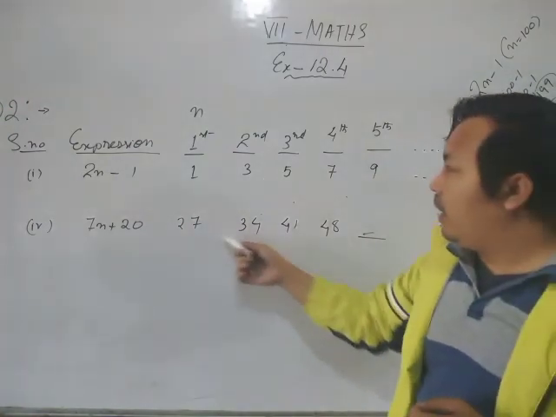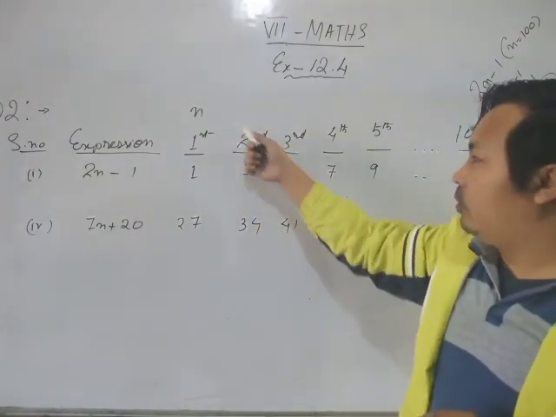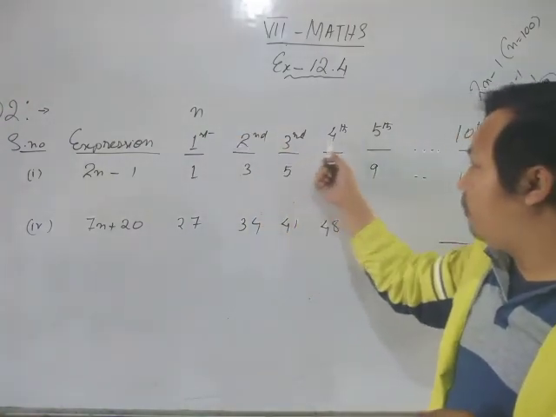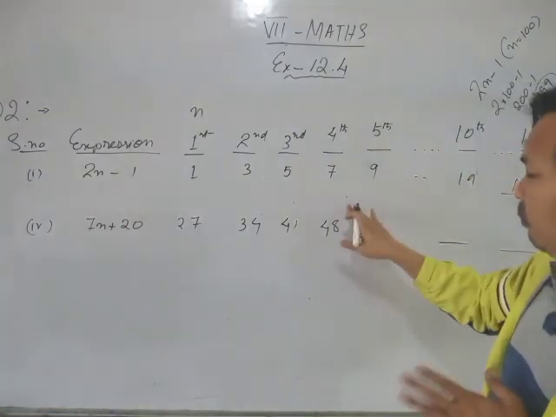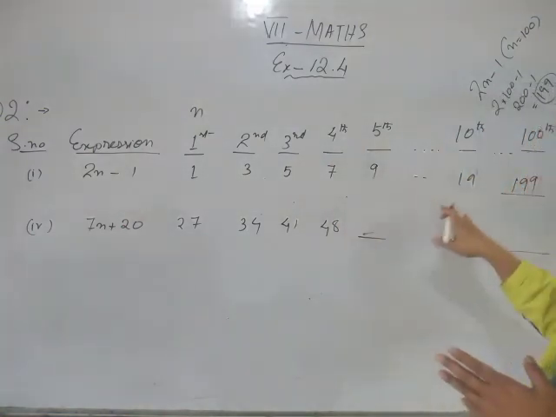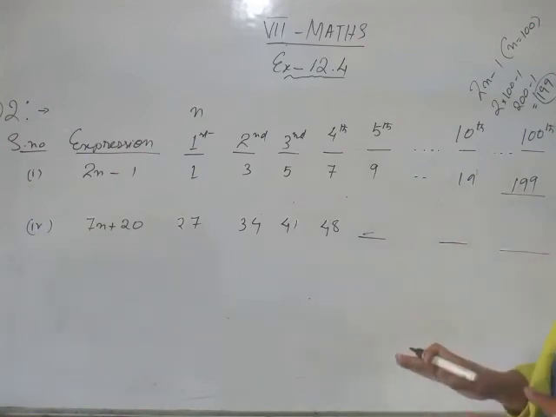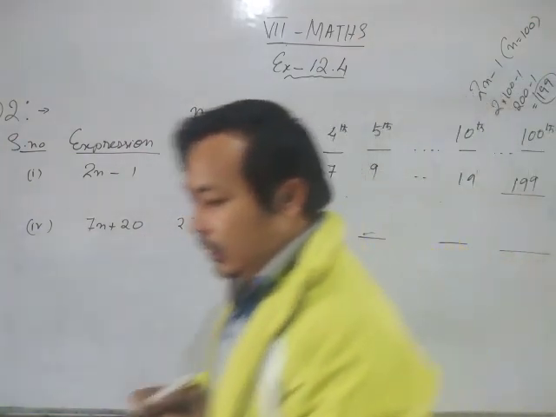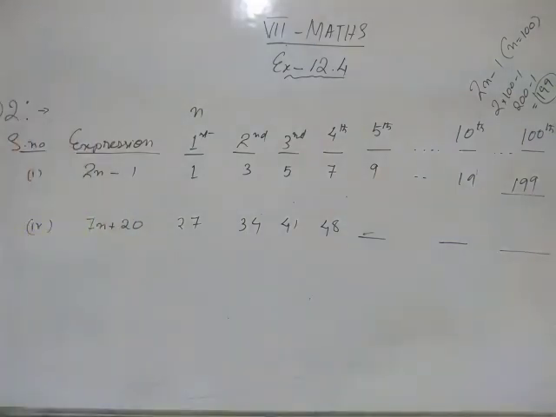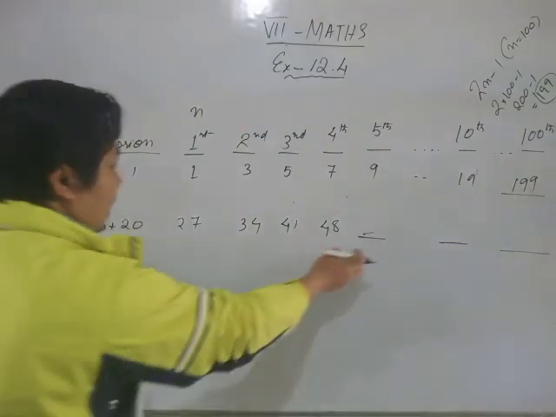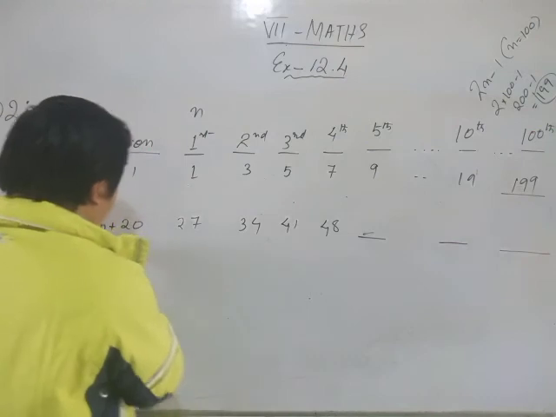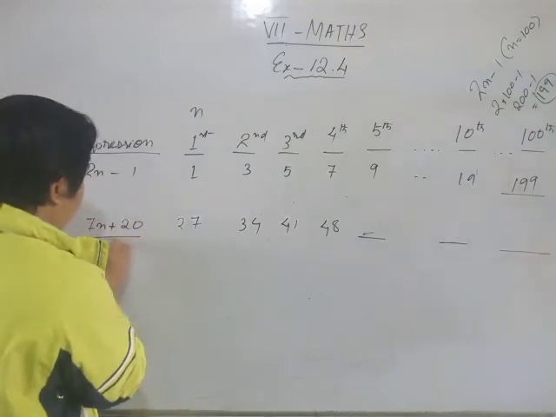Next, in serial 4, n is equal to 1, 2, 3, 4, 5, all given here. For the 5th, 10th, and 100th, we are going to find out the value of this expression. The expression is 7n plus 20.